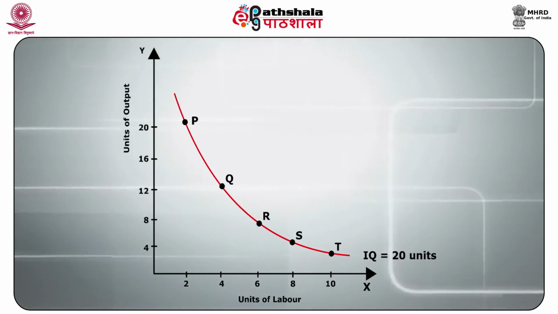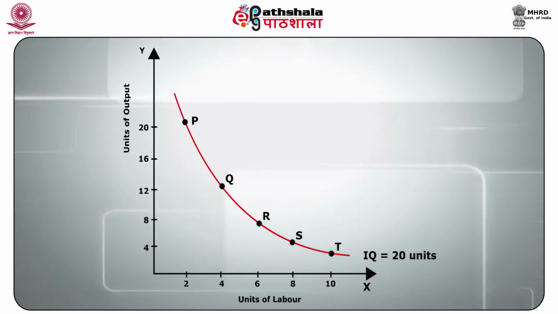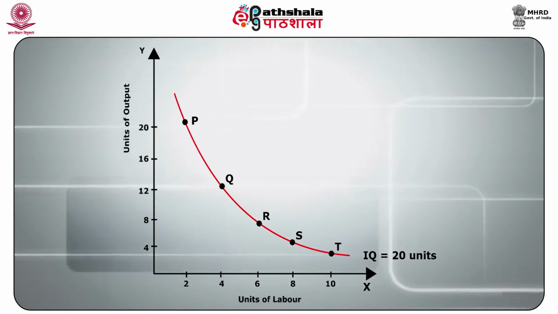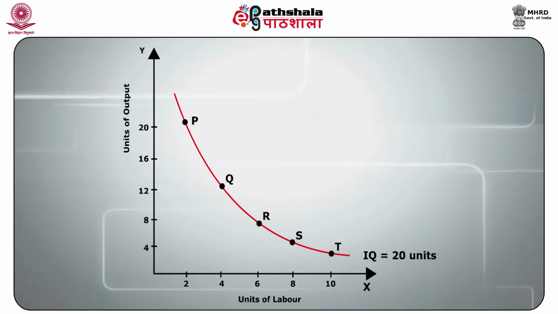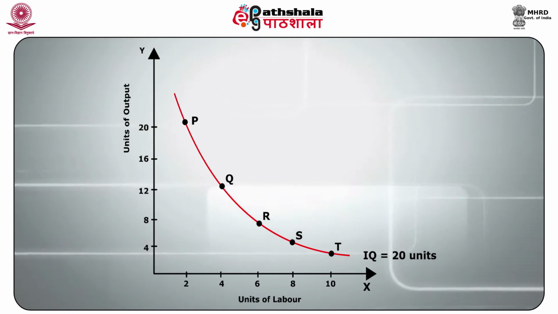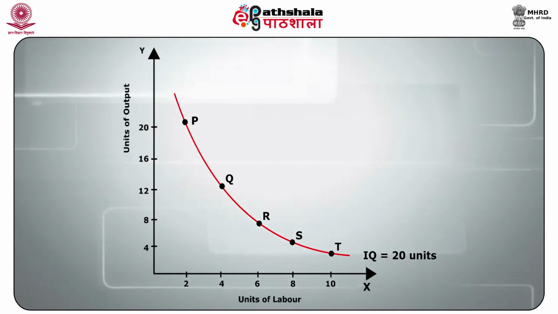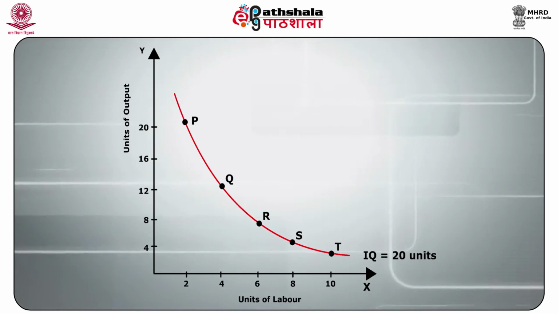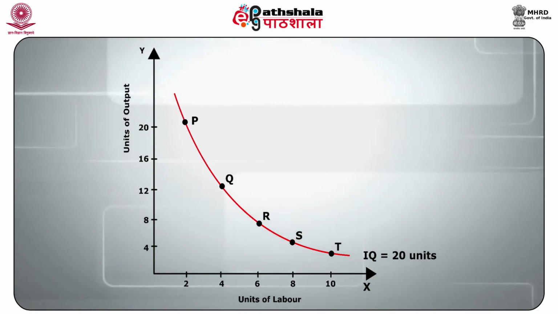The above table shows that 20 units of output can be produced by employing 2 units of labor and 22 units of capital, or 4 units of labor and 14 units of capital, or any other combination of labor and capital. The figure shows that all different combinations of factors such as P, Q, R, S and T are capable of producing 20 units of output.